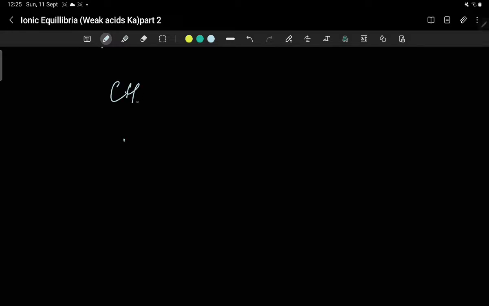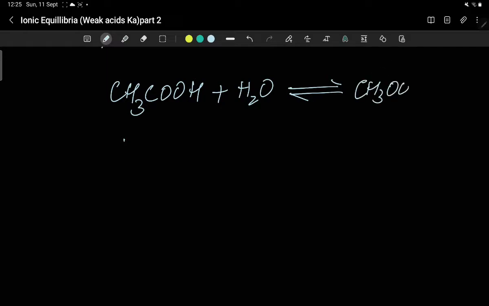For example, this is a weak acid plus water to form ethanoate ion plus hydronium ion. So it has a small tendency to transfer a proton to another molecule.